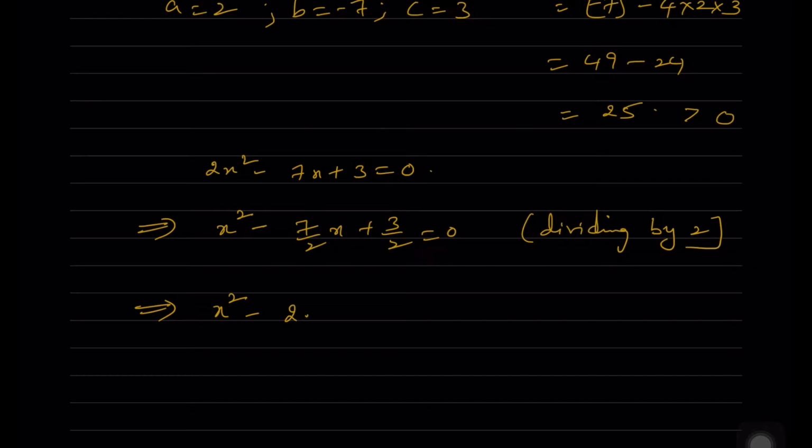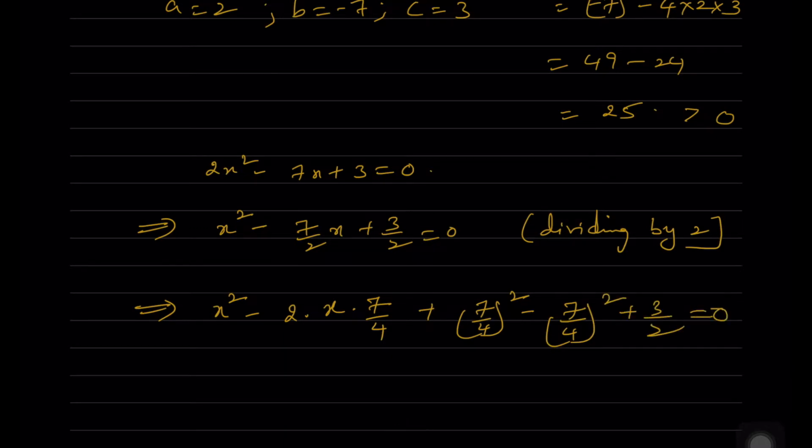So what do we get here? We'll just see, 2 into x into 7 by 4, plus, we are going to add 7 by 4 whole square and minus 7 by 4 whole square plus 3 by 2, which is equal to 0.